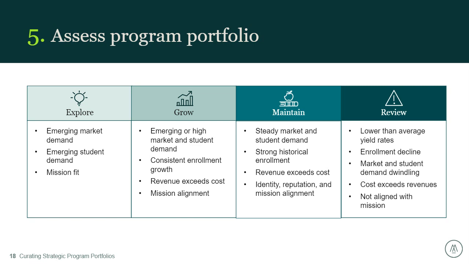Could we feasibly combine this with another similar program that's maybe a little more general, a little less niche, and also have some shared resources so that we're still able to really offer that program? It's just in a very different format where it's maybe a little bit more general and less focused. There's also a question for these programs on whether restructuring would help. So there are a lot of programs out there now that are offering courses online.